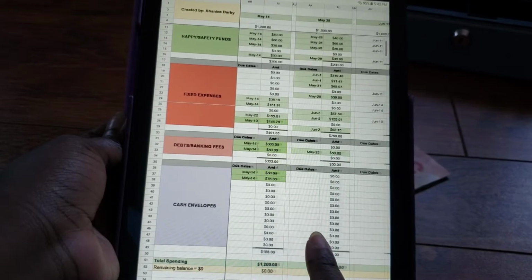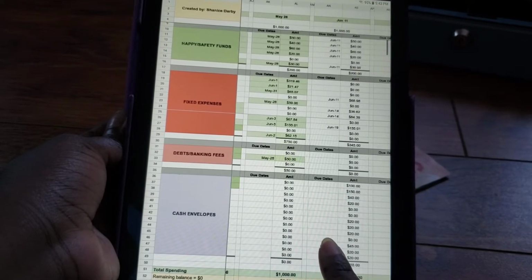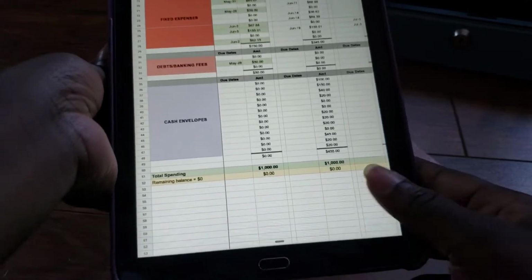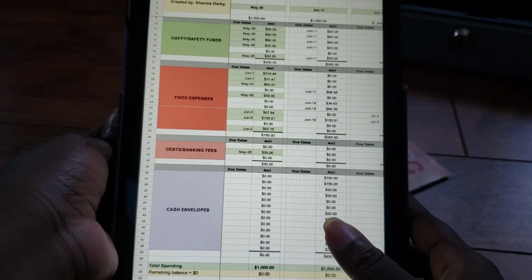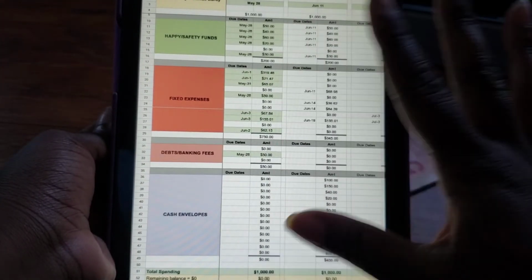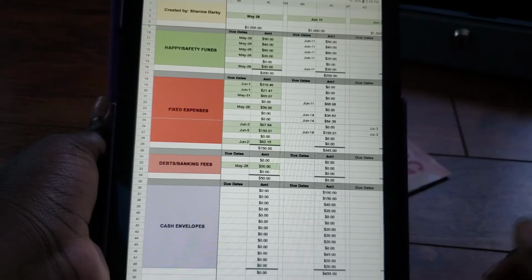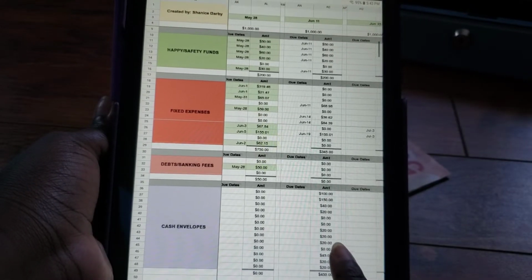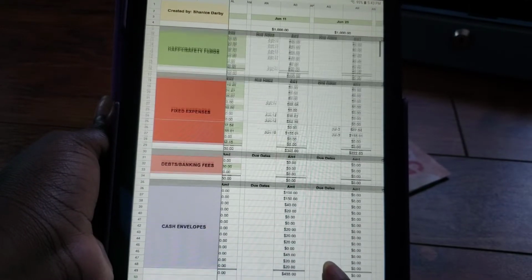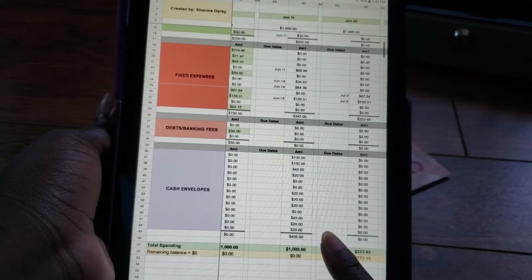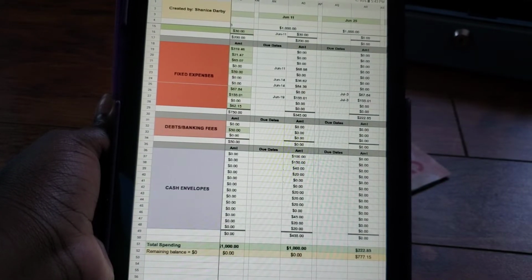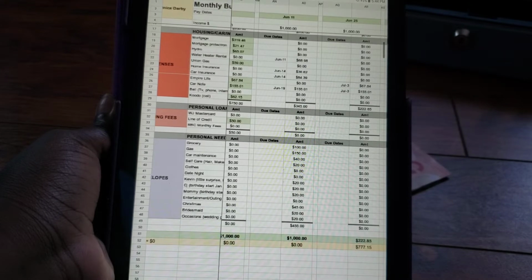This is how I track my spending. There are different tabs that I have going on, and I'll get into further detail if you guys are interested. I don't mind sharing, but for right now, we're just going to be paying attention to the cash envelope section.